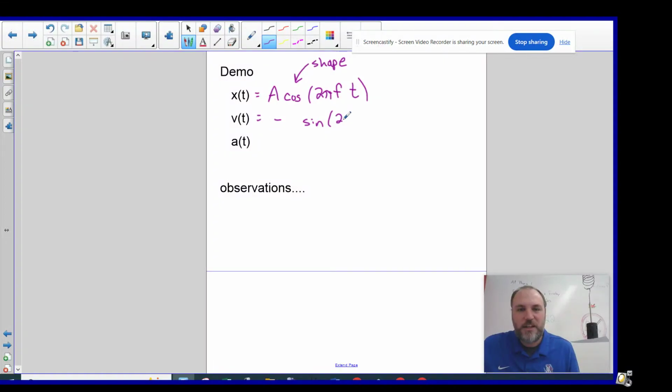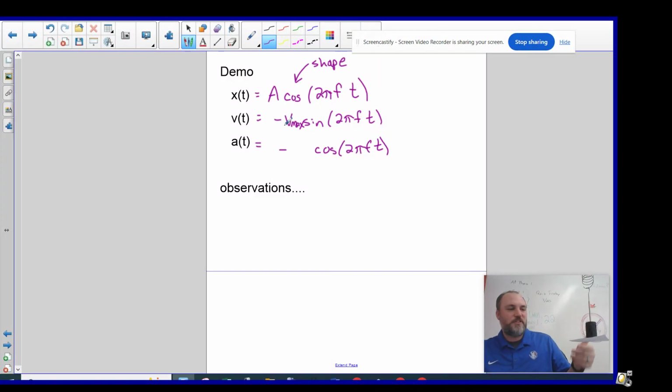And it's also going to have 2 pi f t, but the difference is it's not oscillating from a maximum position to a minimum position. It's oscillating between some maximum speed. And then the acceleration function was described as a negative cosine, so 2 pi f t, and it's not oscillating between maximum velocity and minimum negative velocity. It's oscillating between some maximum acceleration.